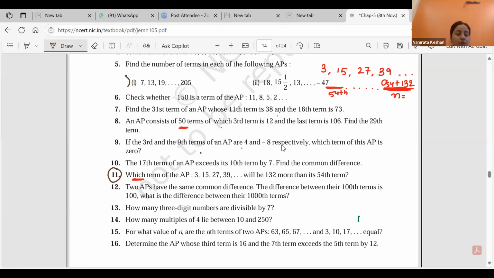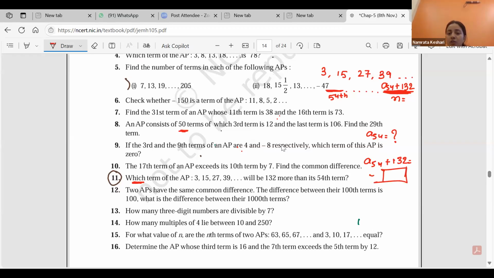So at first you need to find the 54th term to see what that number is. Then you will see what 132 plus 54th term is. And then you have to find the placement of that final output. At first you need to find the 54th term, then see what is 132 more than the 54th term, and then whatever you are getting, you check what is the placement of these terms.